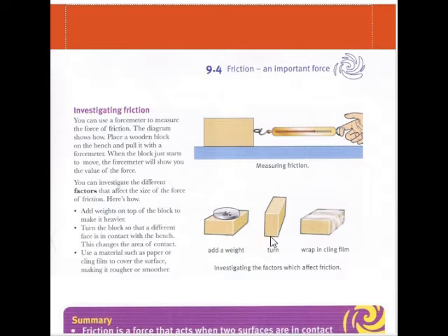This changes the area of contact. It means that the bigger the area, the higher the force. Okay, and then the last one, use a material such as paper or cling film to cover the surface, making it rougher or smoother.